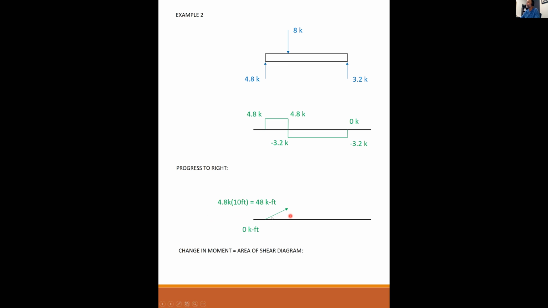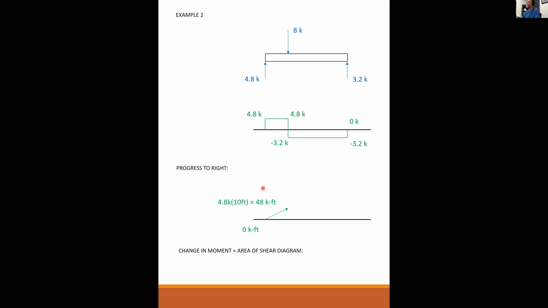So here, again, the change in moment is equal to the area of the shear. How do I know it's a straight line? Because this is constant, so this is linear. Go back to the slide that I gave you. A point load creates a constant shear, creates a linear moment.